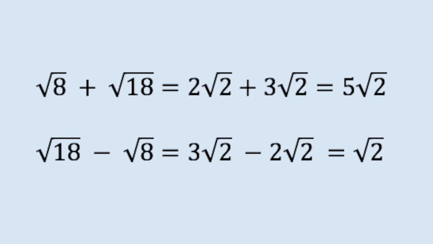And now you can add them together because it makes 5 square root of 2. And the square root of 18 take away the square root of 8 equals 3 square root of 2 take away 2 square root of 2. And so we are left with 1 square root of 2.